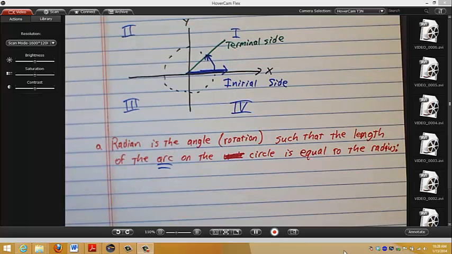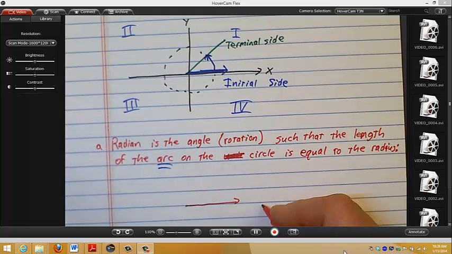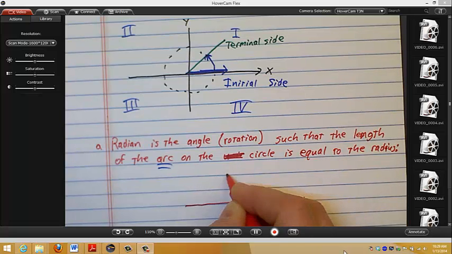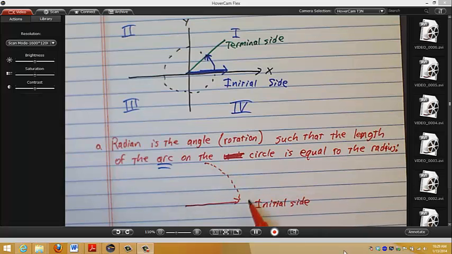Well, if I rotate enough, so here's my initial side again. If I rotate enough, I can get to the point where the length of that curve would be exactly the same as the length of the radius. You guys with me on that?